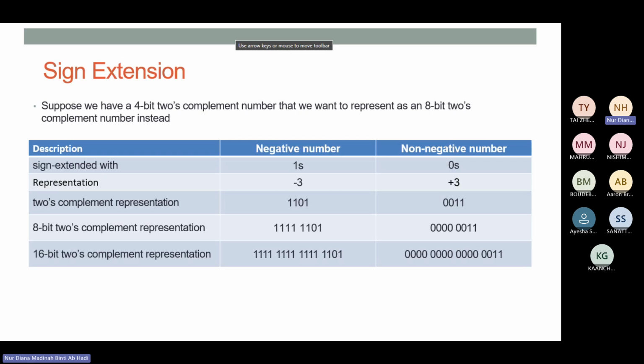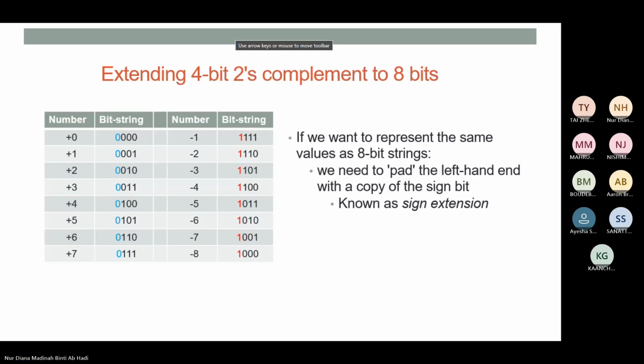So for example, negative 3 and positive 3, the front bit value would be 1 and 0. You can see this: this would be the 4-bit, 8-bit, and 16-bit values. But still, in front of the representation is 1. It would not change to 0 because our initial representation is negative 3.